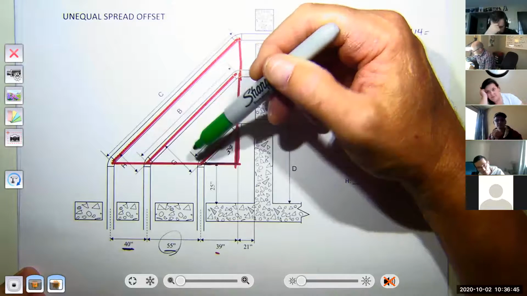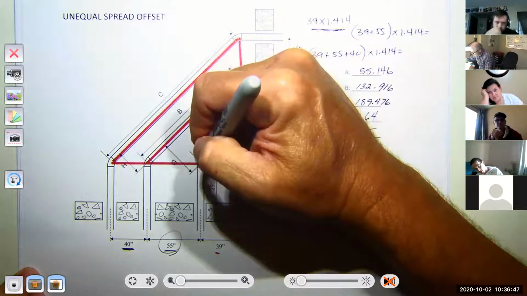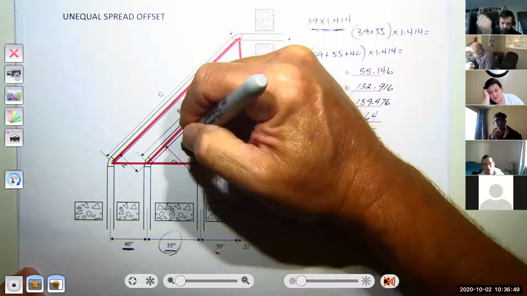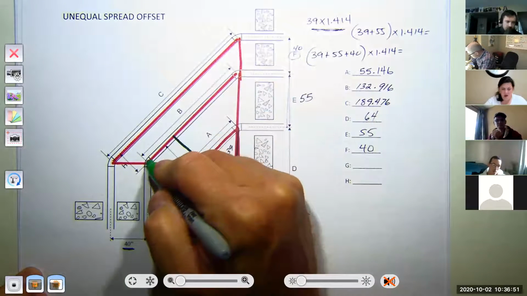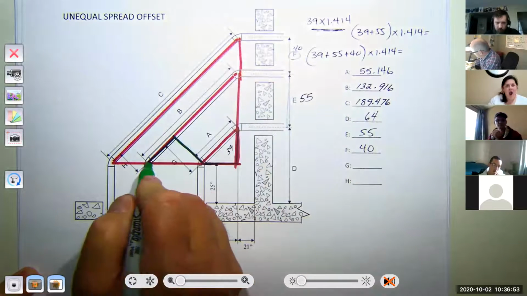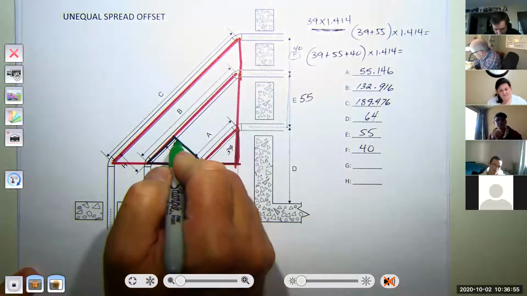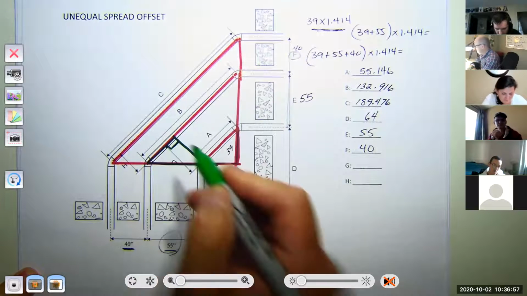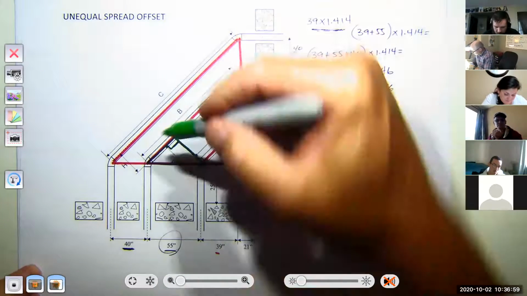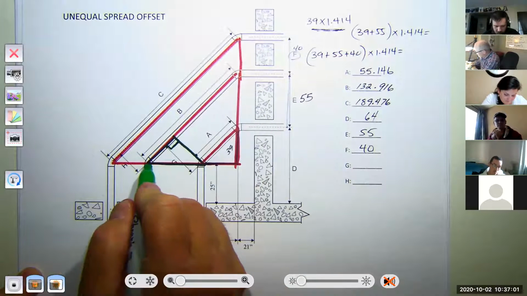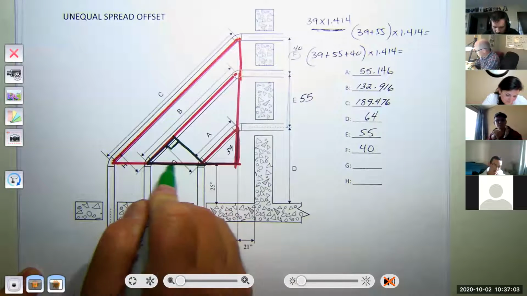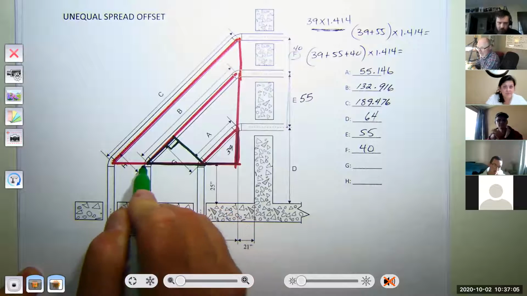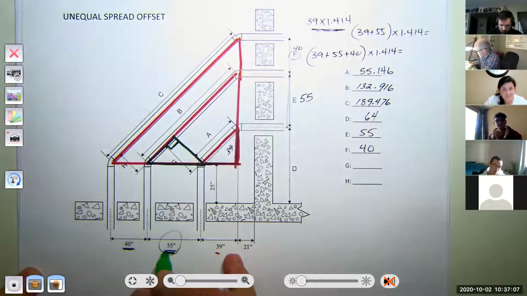So I am going to draw a right angle triangle right here. Here's my right angle. So I know what my travel is right here on G. You see what the travel is? 55.